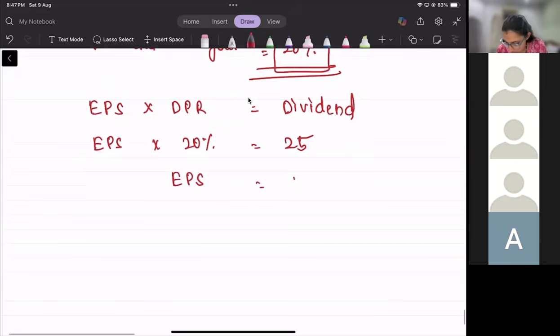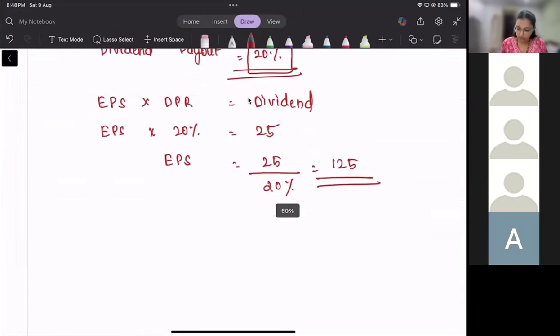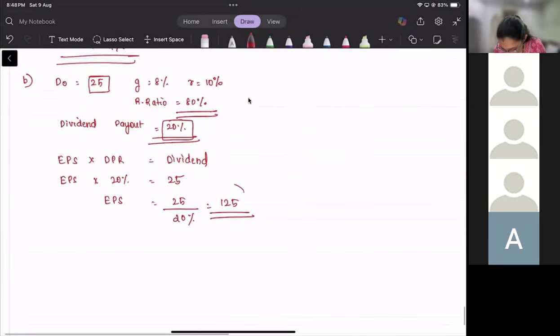So EPS is 25 by 20%, 125 rupees. So 125 is your EPS and the dividend is 25 when your dividend payout was 20%.